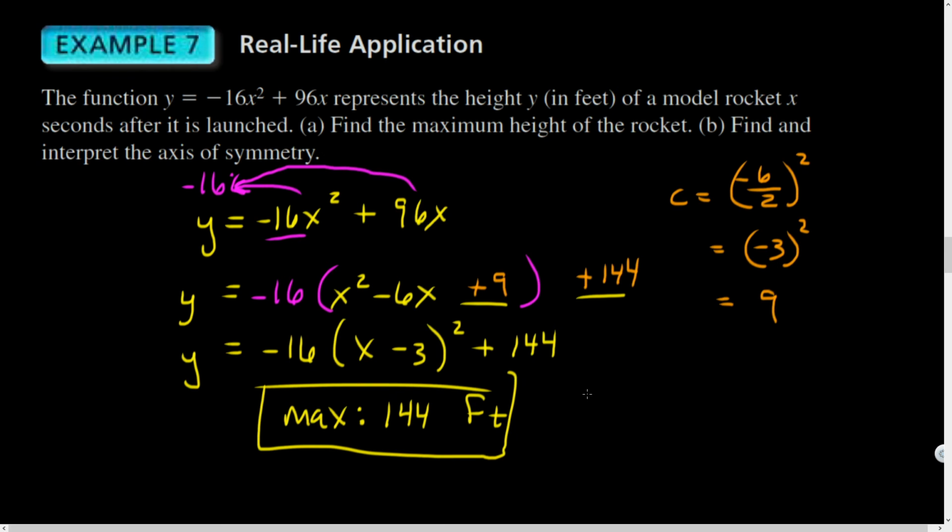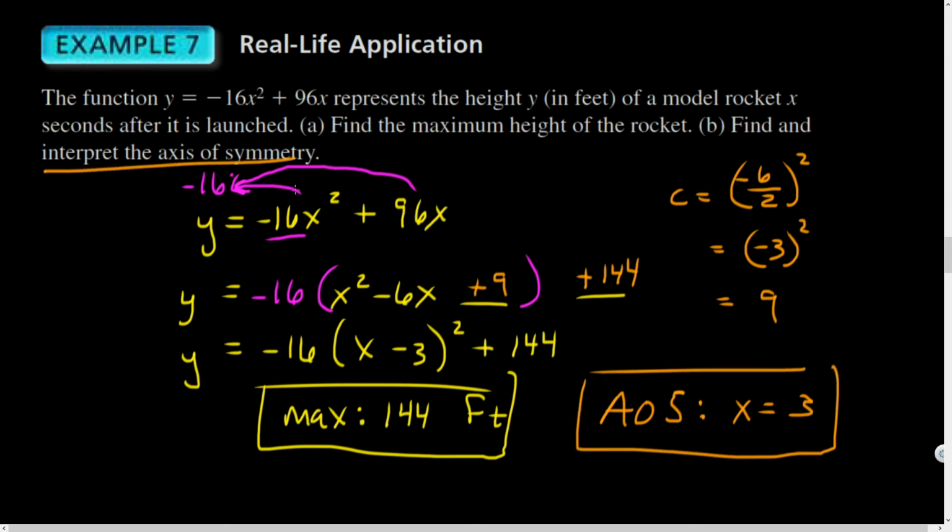The axis of symmetry is an equation, x equals h. It's going to be x equals 3 in this case.